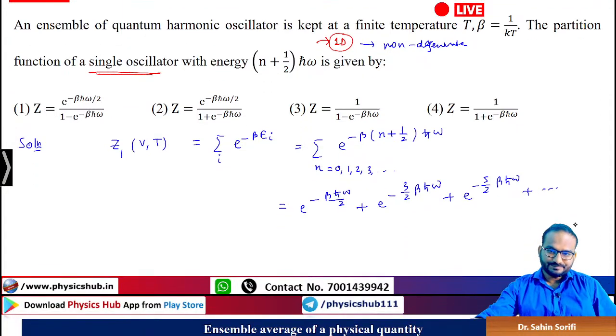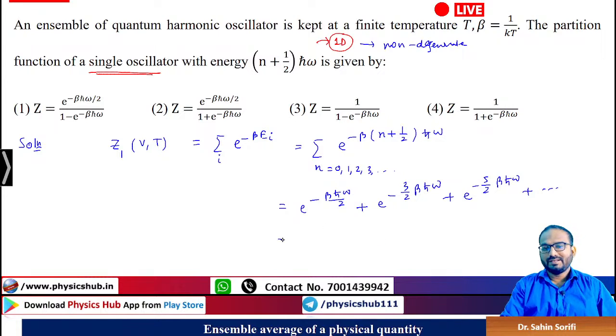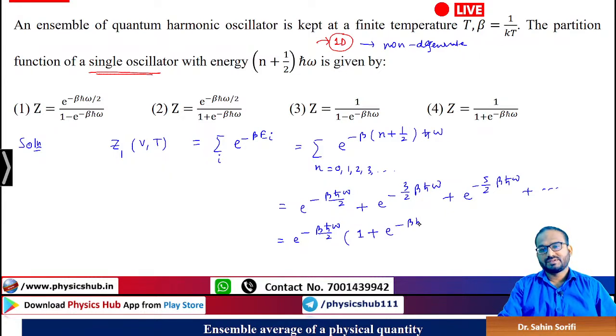You will get it. Now, we can take e to the power minus beta h cut omega by 2 common. What you are left with is 1 plus e to the power minus beta h cut omega. Every time one unit is changing, right? Beta h cut omega is changing. e to the power minus 2 beta h cut omega plus so on.